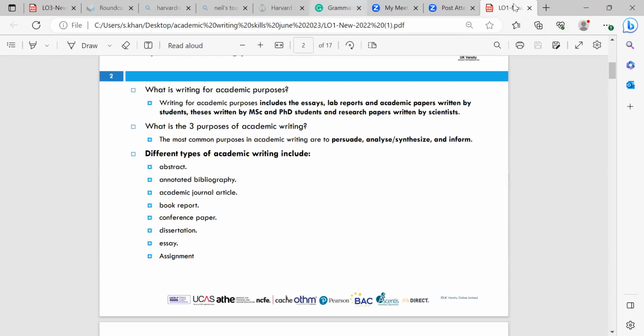And with that, we looked at the importance of what academic writing is, what the purpose of academic writing is. We looked at the 3 purposes of academic writing. We looked at the different types of academic writing, including abstract, book reports, dissertation, things like that. Then we looked at the most common purposes for it, which was to persuade, analyse, synthesise and inform.